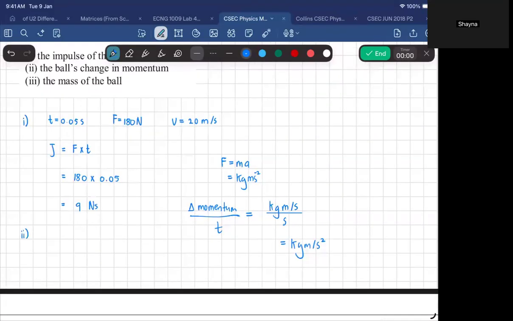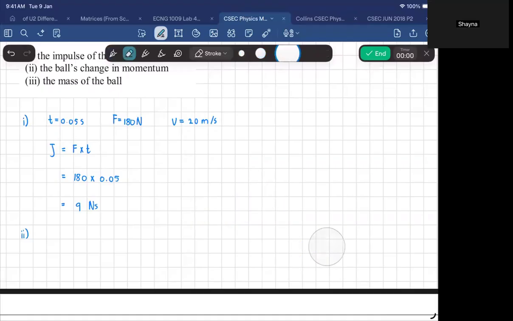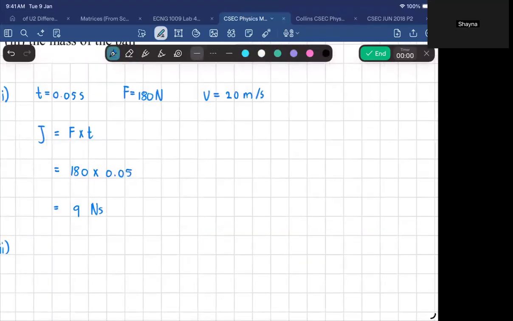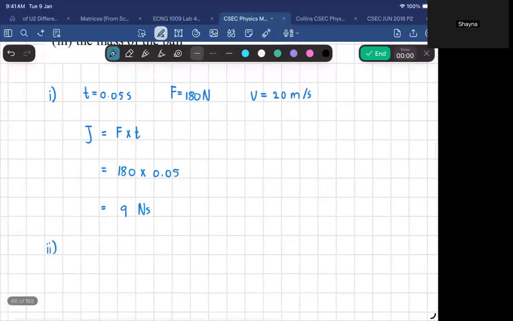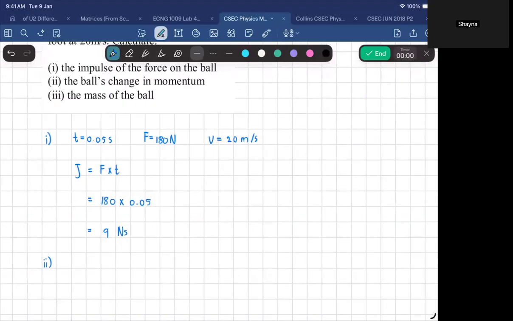I was told the unit was kg m/s, or kg m s minus 1. For part two, the ball's change in momentum would simply be 9 kg meter per second, because that's how much the momentum changed by. And the unit of momentum is kg meter per second.